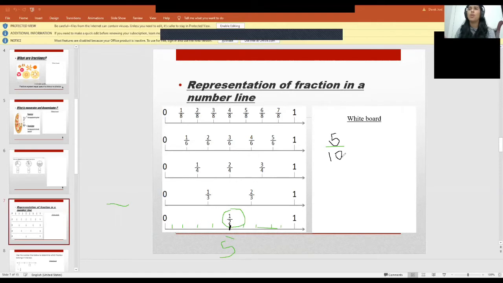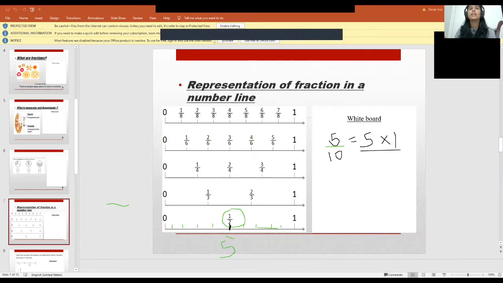Okay, now all of you know multiplication, right? Do you know? Okay, so 5 can be represented as 5 into 1. Correct? Yes. 5 into 1 is 5.